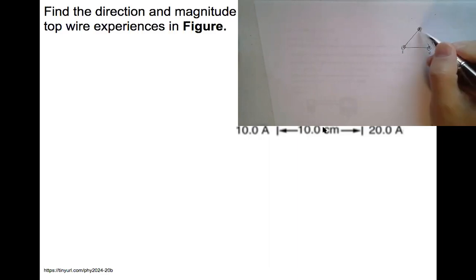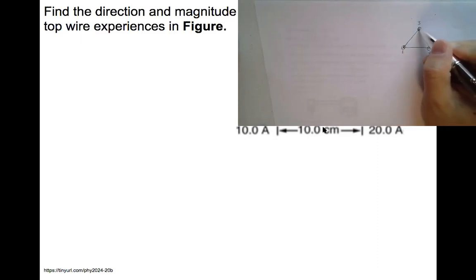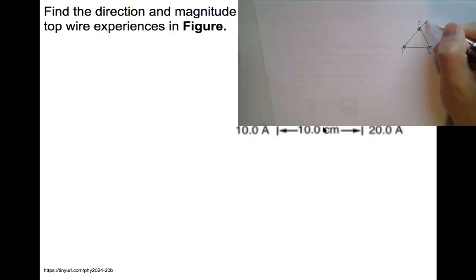Between the top wire, let me call it 3, and 1, you can see on the bottom here, the current points into the paper. On the top here, it comes out of the paper, so they are in opposite directions. So the force between these 2 wires should be repulsive. So there'll be one force on the 3 wire going in this direction, away from the 1.